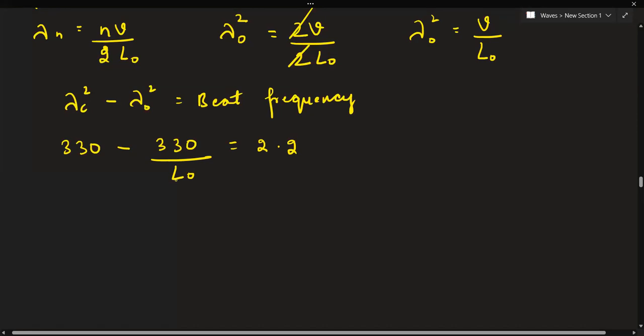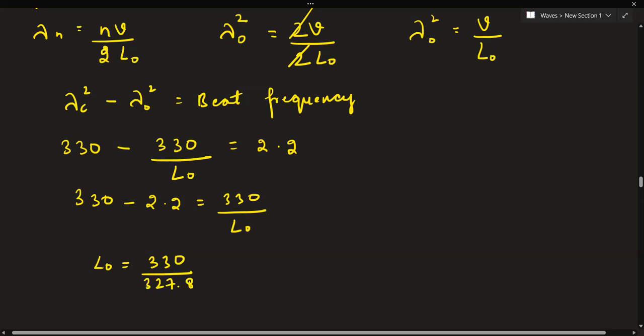We have calculated the length of the closed pipe. So this will be 330 minus 2.2, which will give 330 divided by L naught. So L naught will be 330 hertz divided by 327.8.